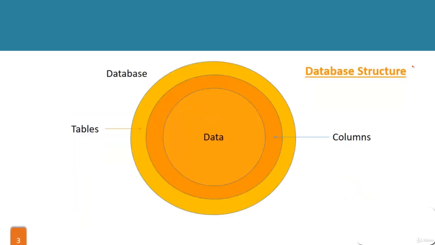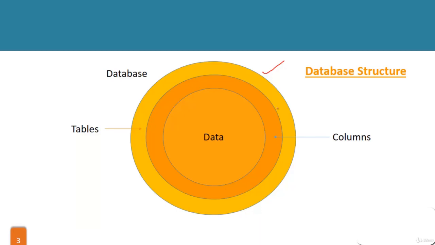Now if I talk about the database structure, we are talking about the backend or database, but if you don't know the database structure, then you are not able to attack. So we need to understand the general structure of a database, right? You can see this is called a database, right? This complete shell is called the database. Inside the database we have tables.